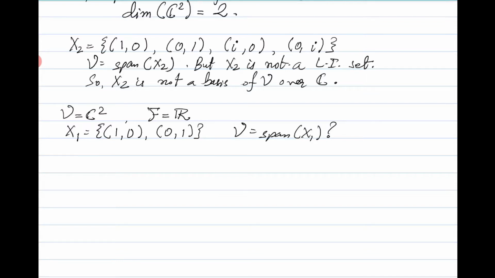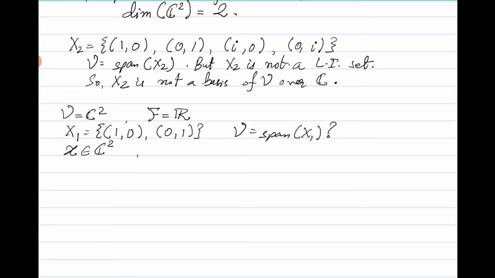Let's find out. Take a vector in C2. This can be expressed as a linear combination of vectors in C2 where the scaling factors are taken from the field. Note that the scaling factors taken from the field are all reals.